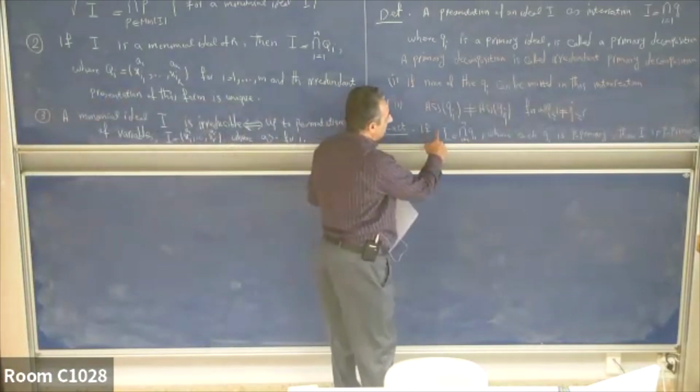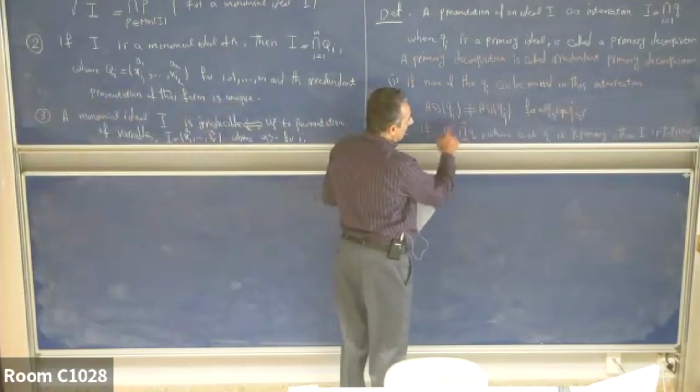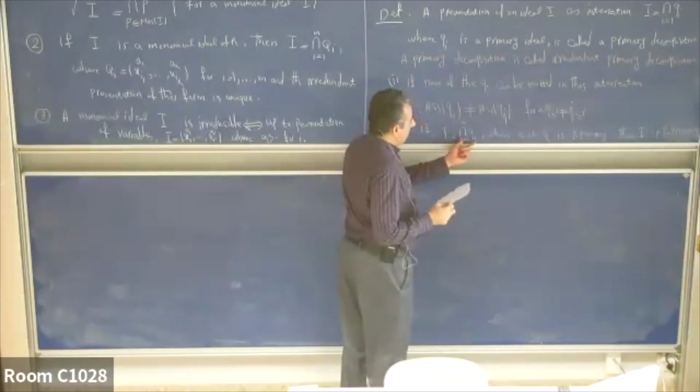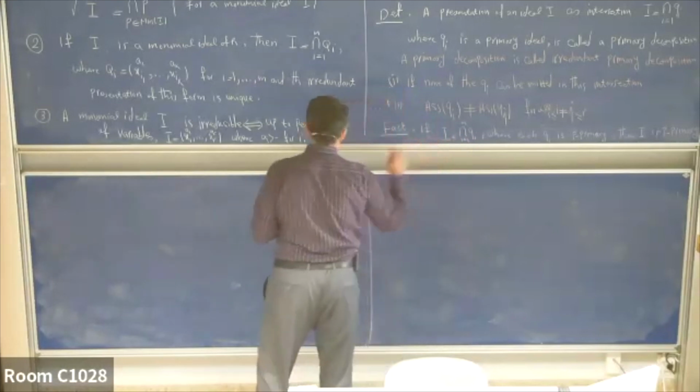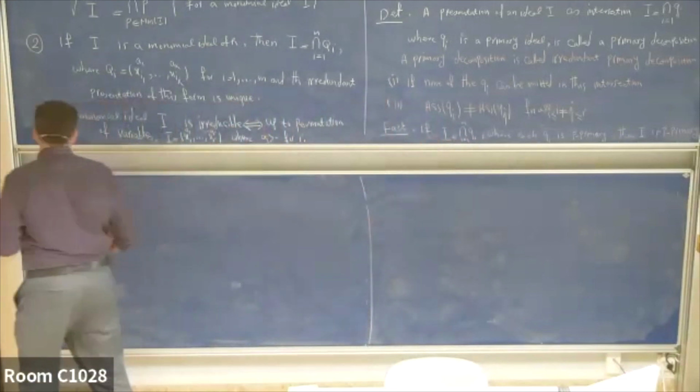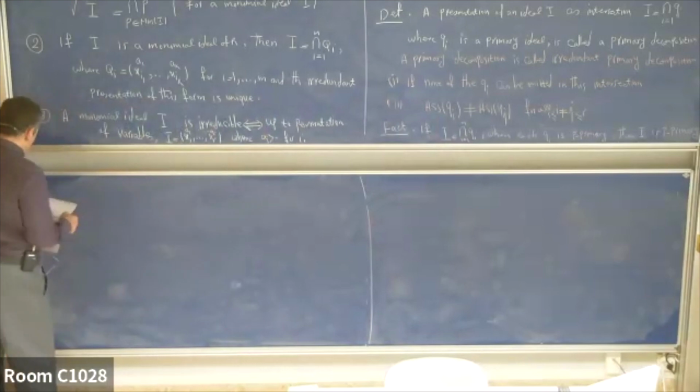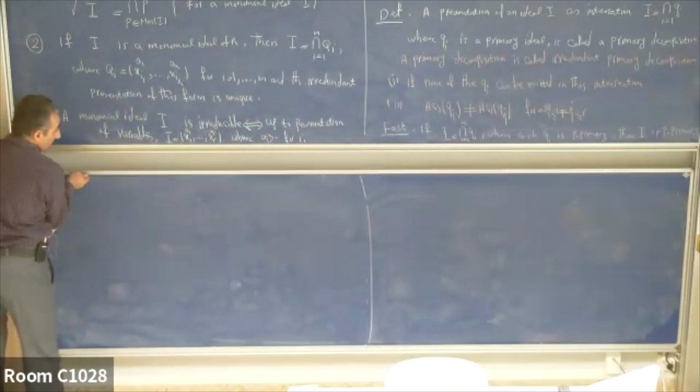The proof of it is easy, by using the definition of the radical: the intersection of P-primary ideals is P-primary.